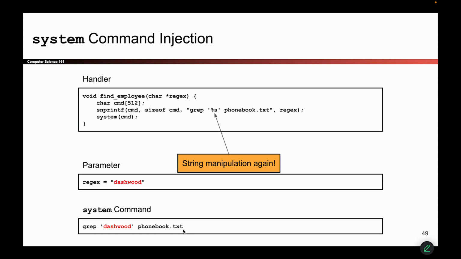So what you're supposed to do is have a template, fill in the user's requested name in this case, and then call system with this overall command. That opens a shell and runs this command, which searches the phone book for this particular name.